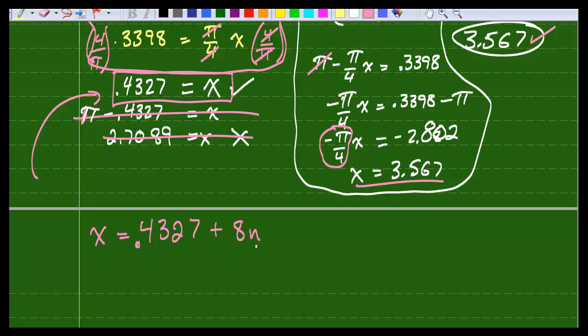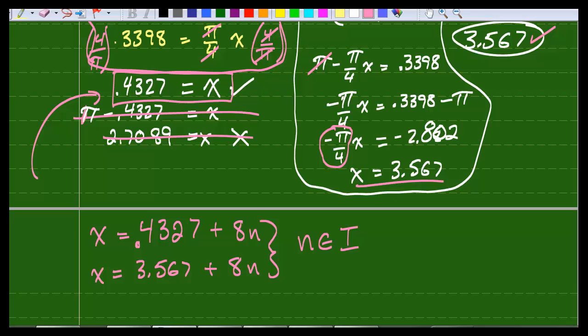And we saw up before that the period was 8. So multiples of the period, and x can also equal 3.567 plus multiples of the same period, and then I can say where n is an element of the set of integers. And that gives me all the possible solutions.